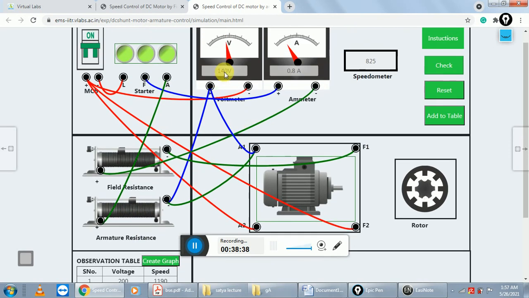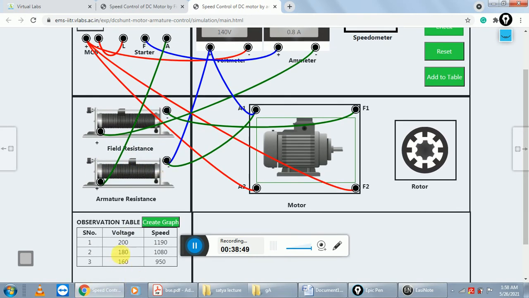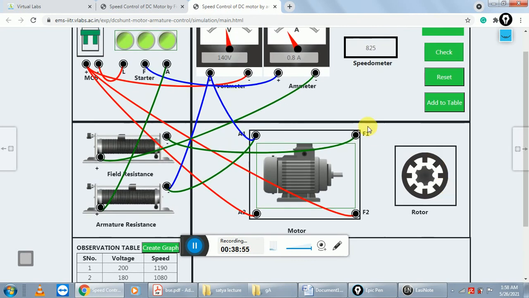Further, increase the value of the rheostat, so the voltage drop across the rheostat increases, the voltage across the armature reduces, so speed also reduces.